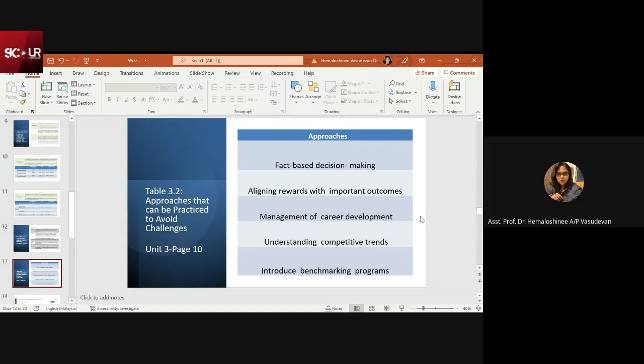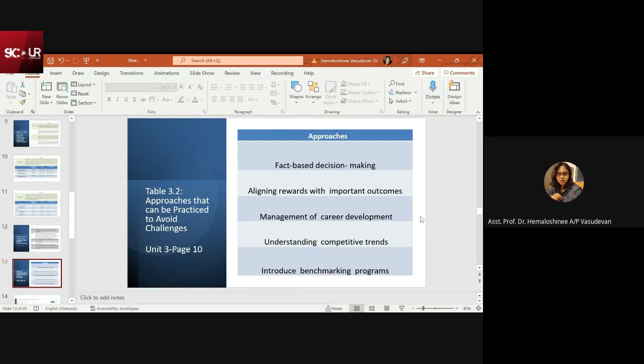Okay, so the approaches that can be practiced to avoid challenges. What are the approaches that you can practice? First, fact-based decision making, aligning rewards with important outcomes, management of career development, understanding competitive trends, introduce benchmarking programs.